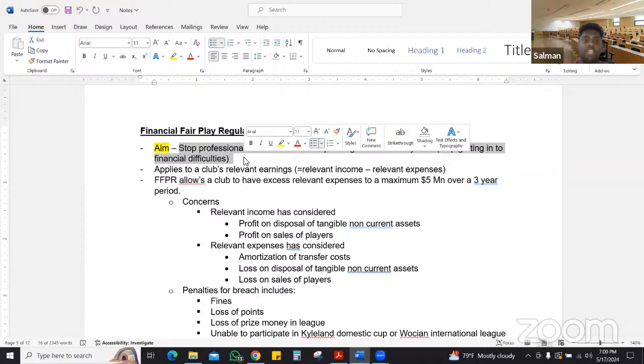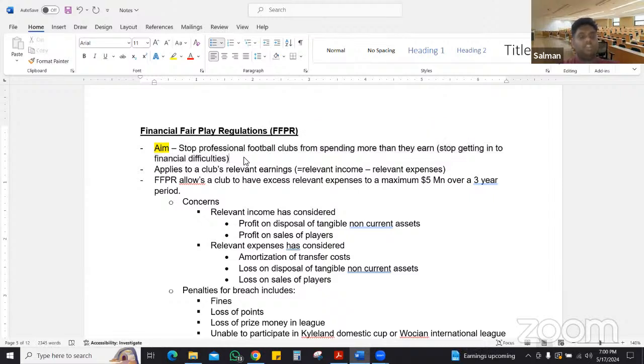They spend more than they earn. And eventually, the club will not be able to run. They close down the club or sell the club. So this basically affects professional players, and it's also a loss to the overall industry. So one of the main aims of financial fair play regulation is to ensure that this does not happen. Okay.